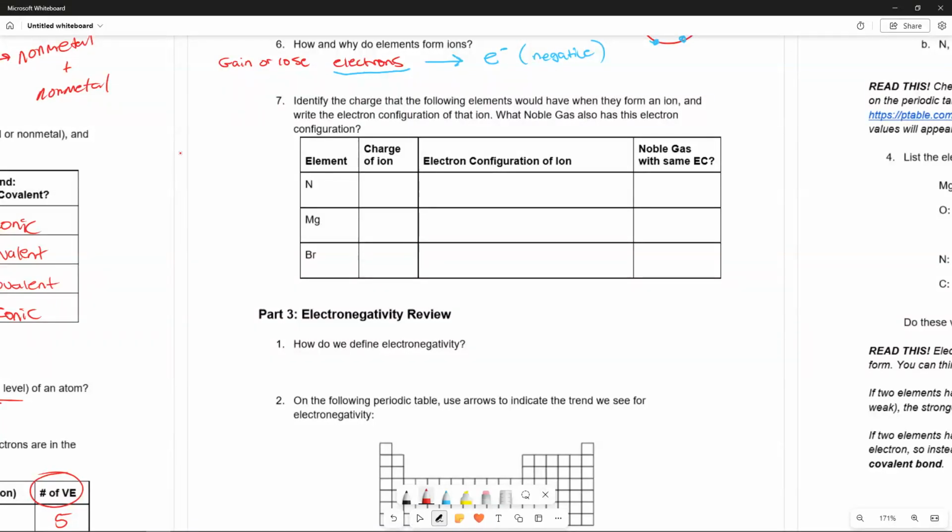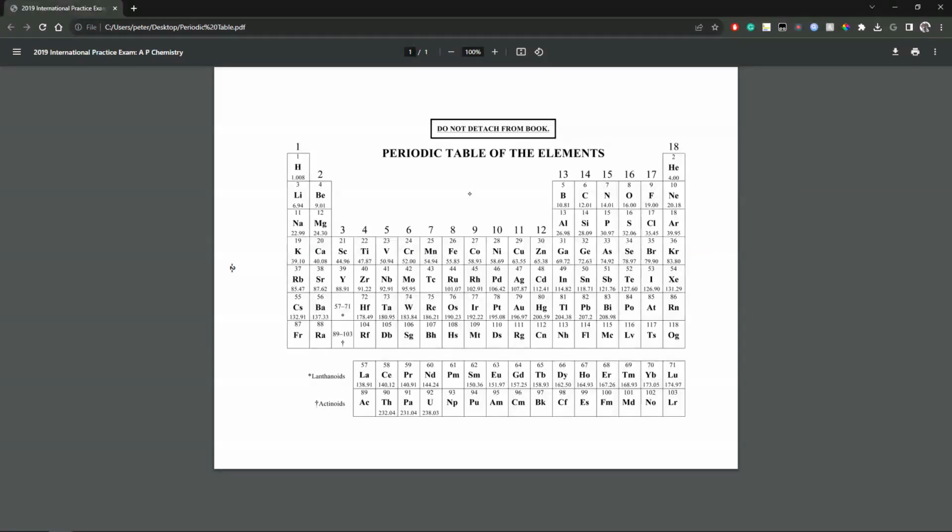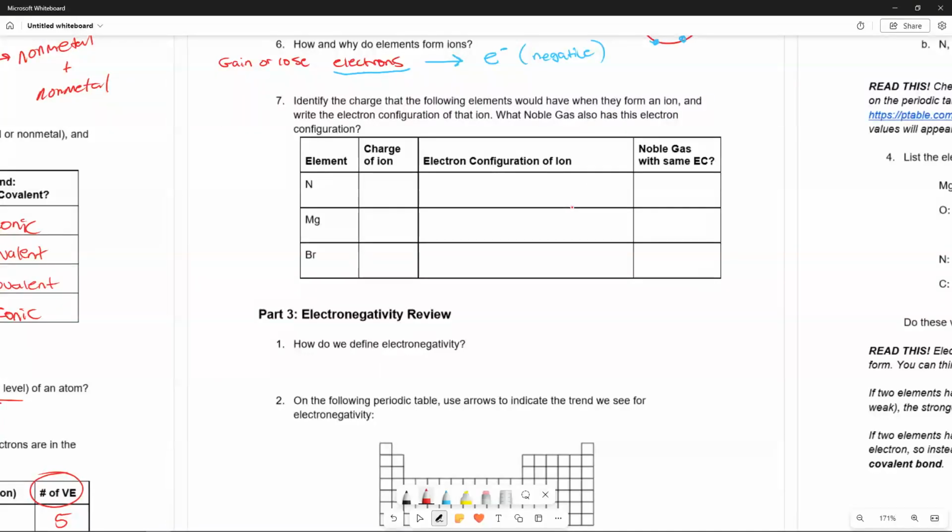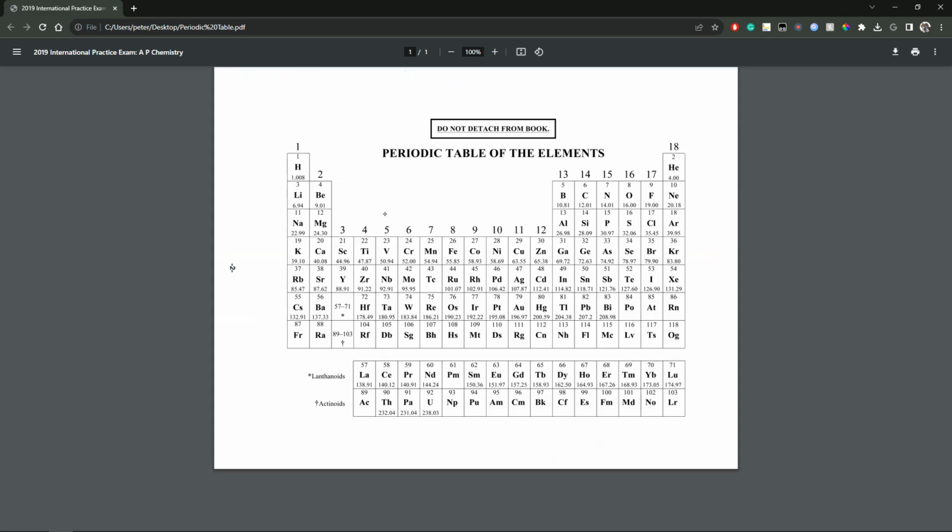Taking a look at nitrogen. Nitrogen, element 7 in the periodic table, has a charge of 3 minus. And the way I know this is because the alkali metal group has a +1. The alkaline earth metals have a +2. The boron group has a 3 plus.